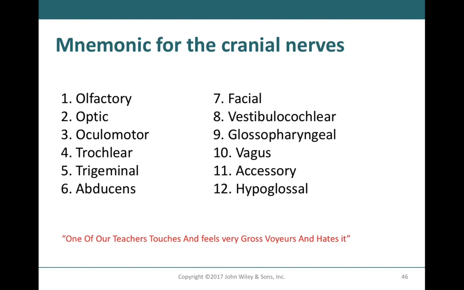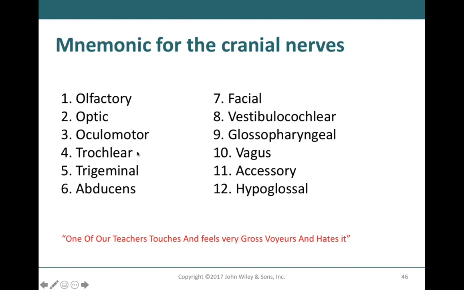Now, if you can keep the order of these cranial nerves in order, the names of each of these cranial nerves will give us some insight about the information carried by each one. The olfactory nerve, which is cranial nerve number 1, carries smell information, and that's what olfaction means. So as long as you know the definition of this word is telling you what the cranial nerve number 1 does. Optic, which refers to our eyes, is going to carry visual information back to the brain.